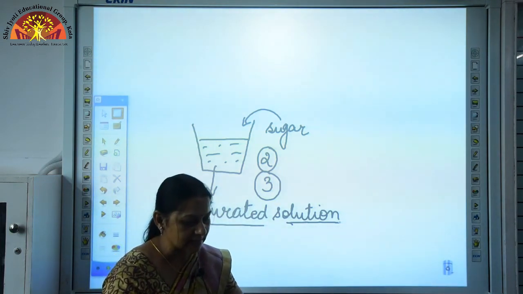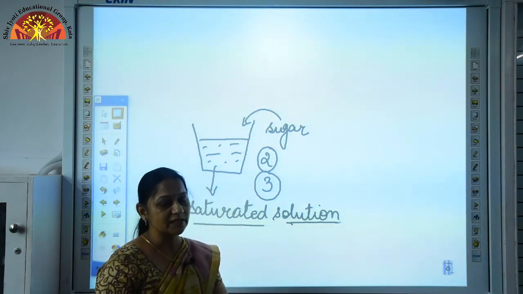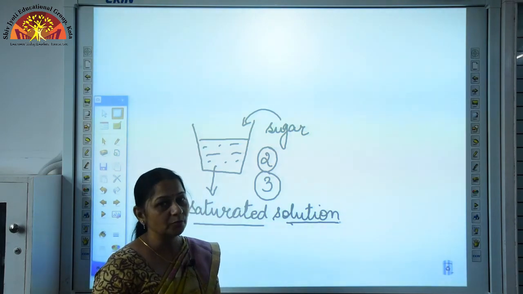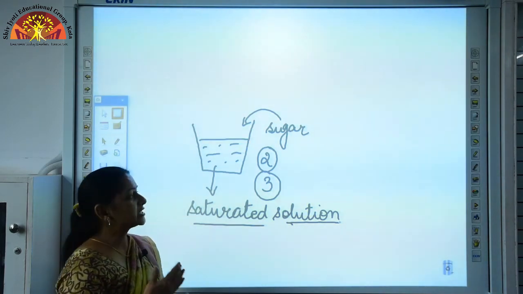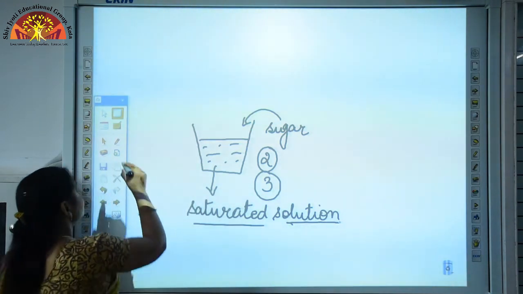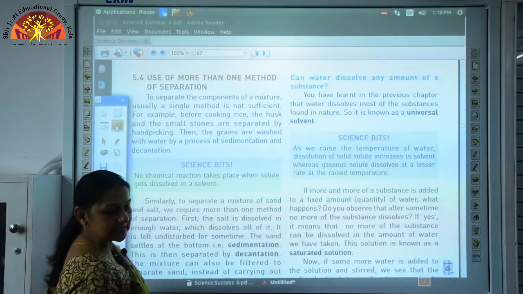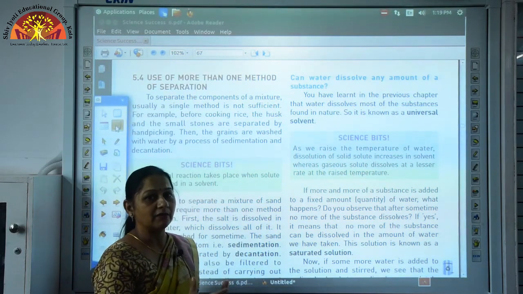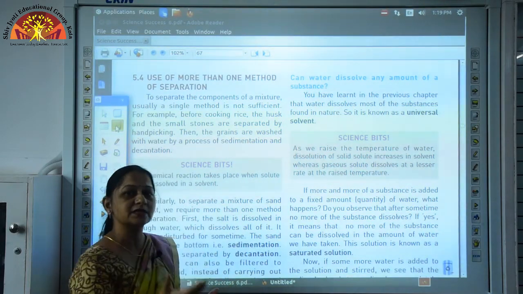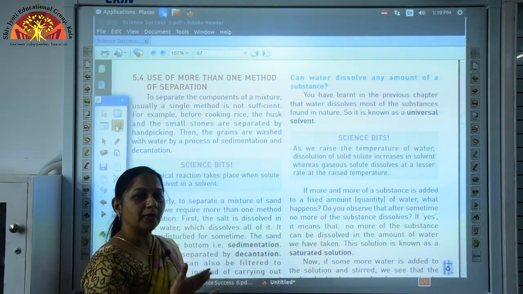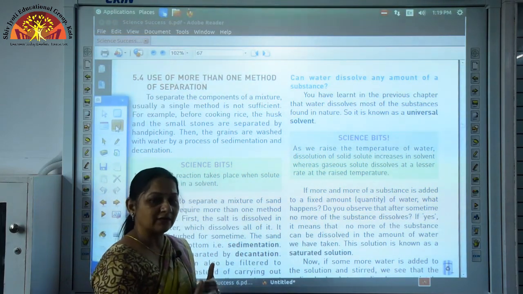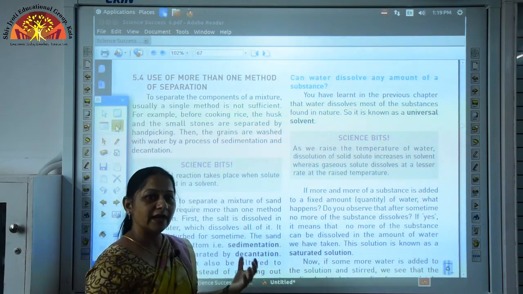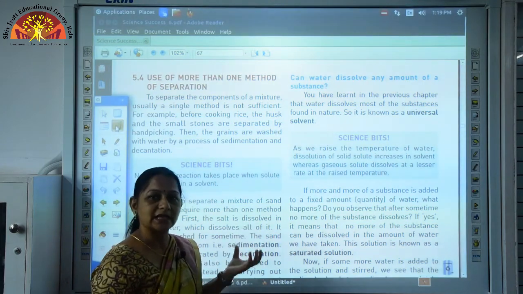We have discussed the different methods of separation and the solubility in water, which increases due to heating. If I heat the substance, the dissolving power may increase, but that will again come to a point where the substance will become saturated.